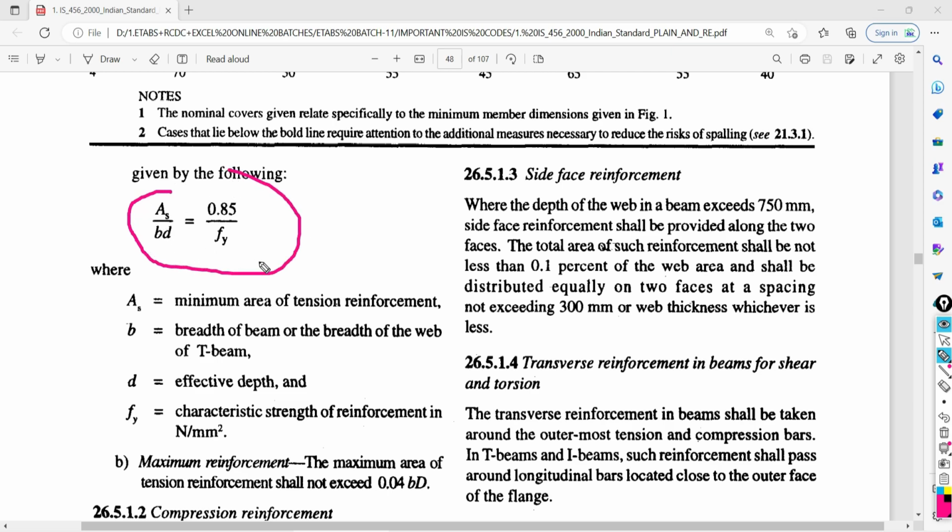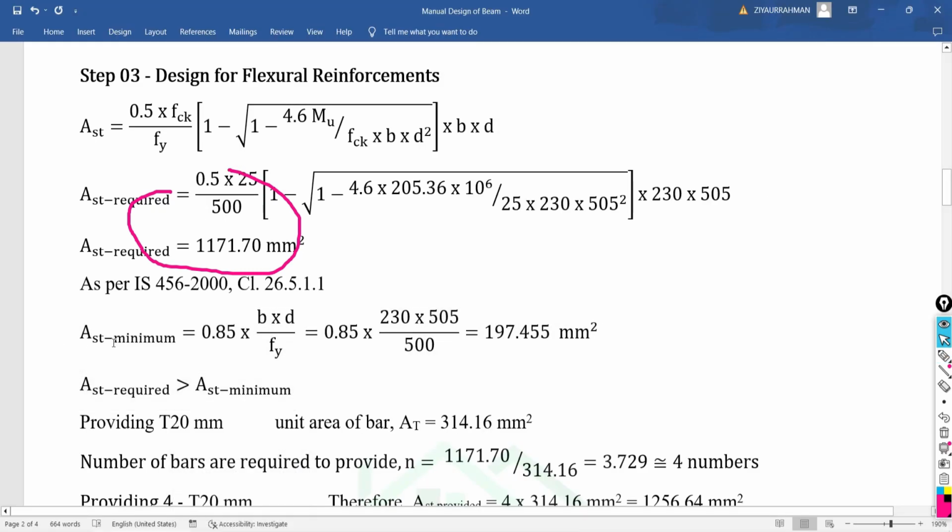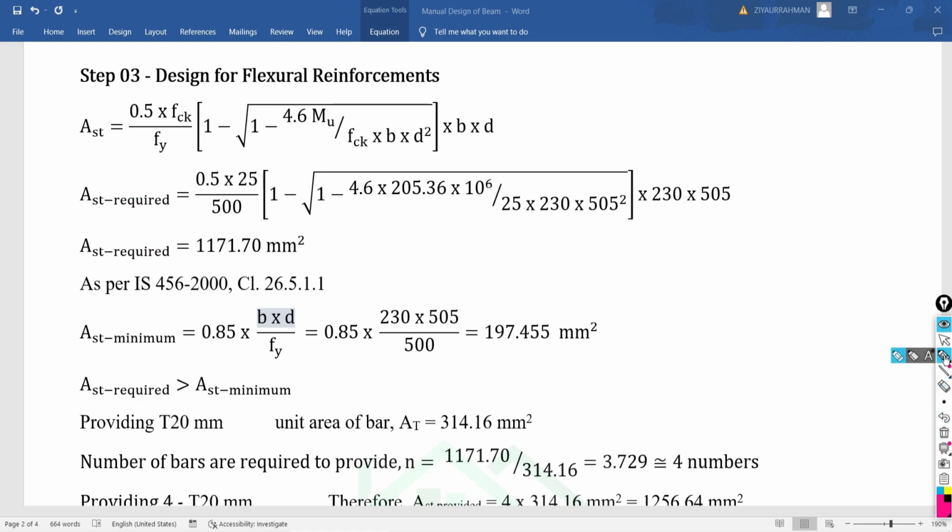If you rearrange this formula, you get As minimum equal to 0.85 multiplied by width, effective depth divided by yield strength. If you calculate with this formula and these values, you get the minimum reinforcement required for this beam as 197.455 mm square.